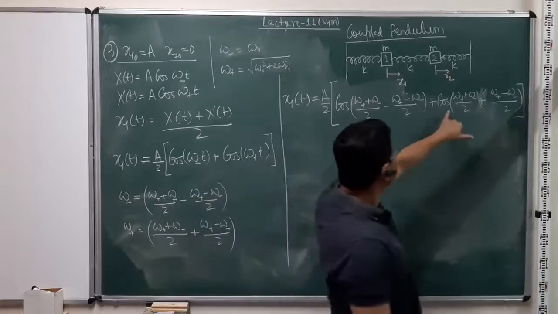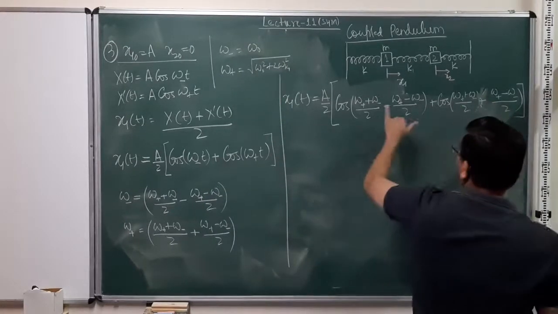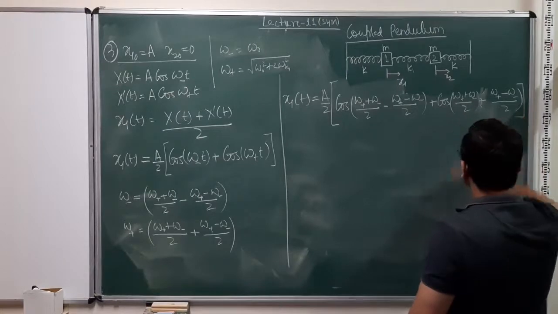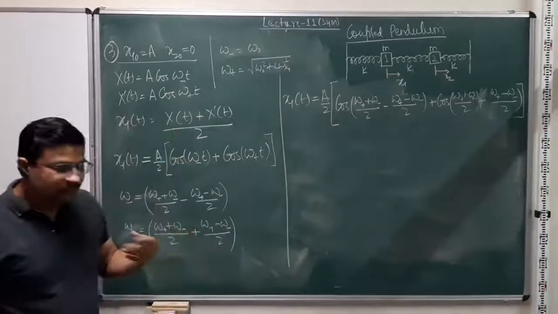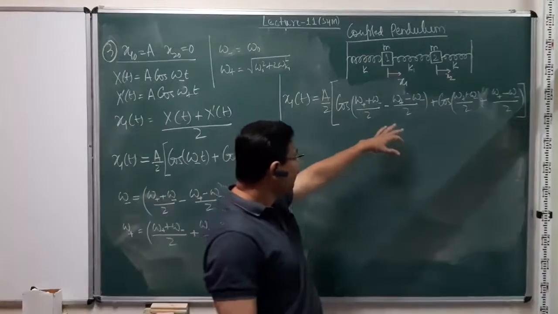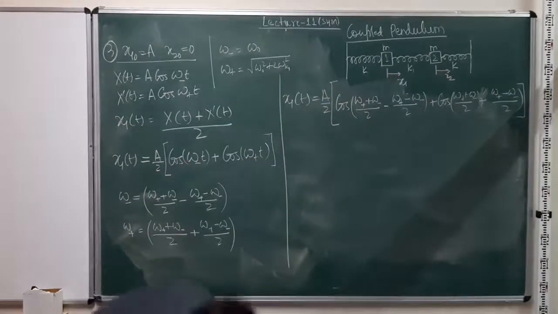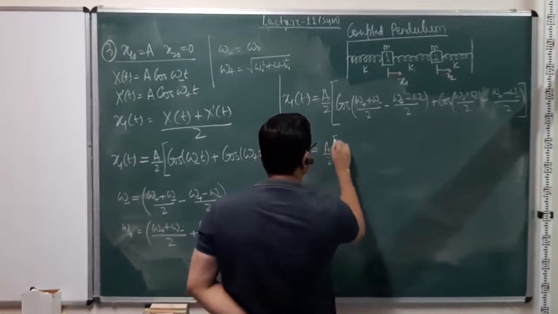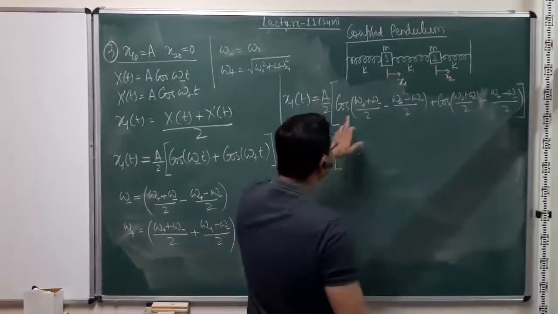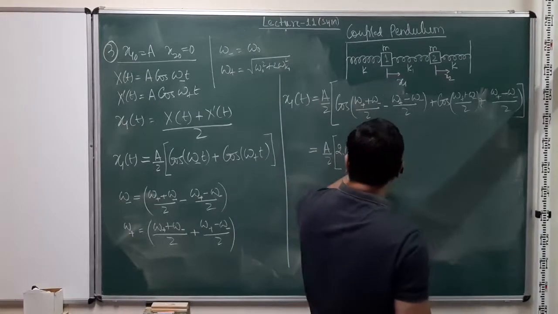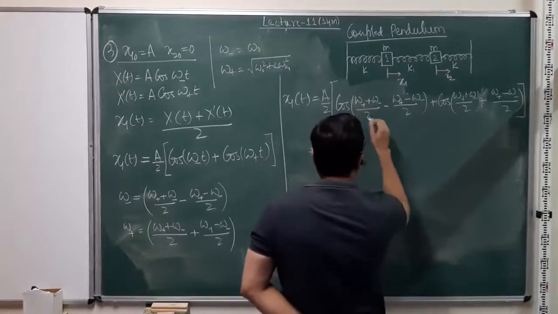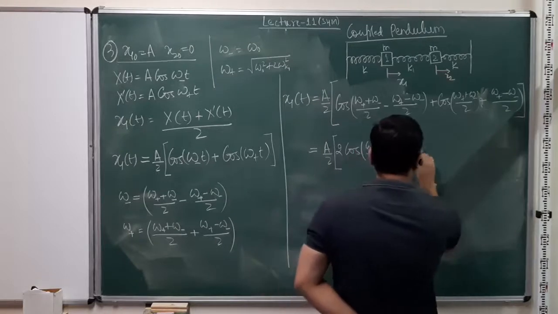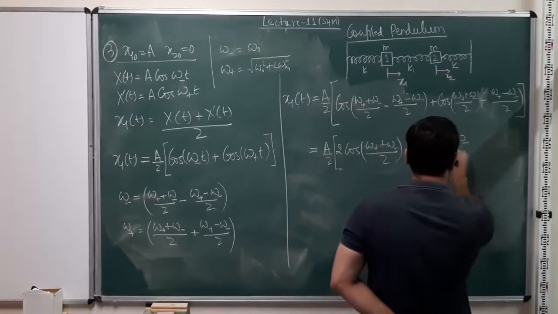And now what is this? This is cos of A plus B and cos of A minus B. So cos A plus B is cos A cos B minus sin A sin B. Cos A minus B is cos A cos B plus sin A sin B. So if we sum these two, what we are left with is 2 cos A cos B. So cos A will be omega plus omega minus by 2, and cos B omega plus minus omega minus by 2.